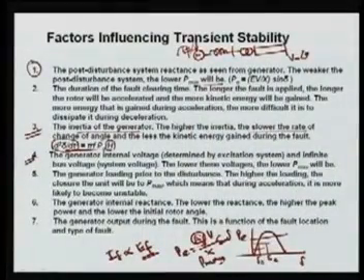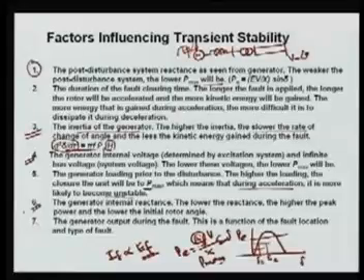The higher the loading, the closer the unit is to its limit, which means that during acceleration it is more likely to become unstable. Another factor is your generator internal reactance, that is X. Once the machine is designed, it is very difficult to change that X. But while you are designing your system, while you are going to procure your generating system, you have to see what the X value is.